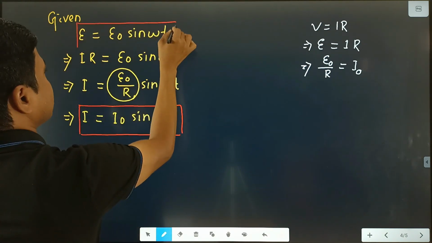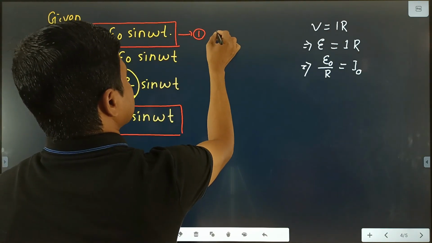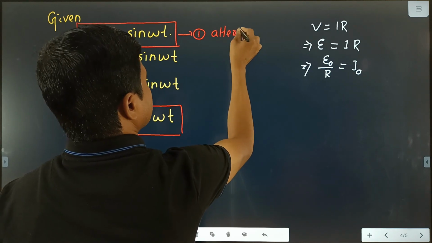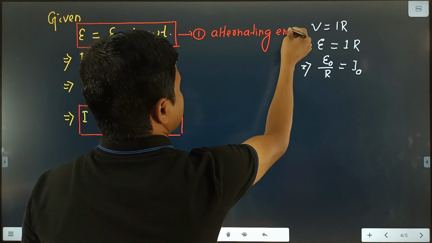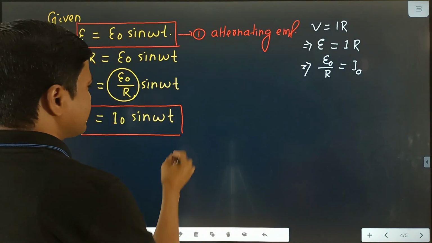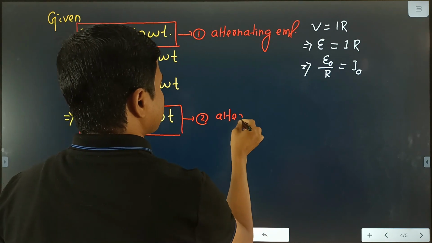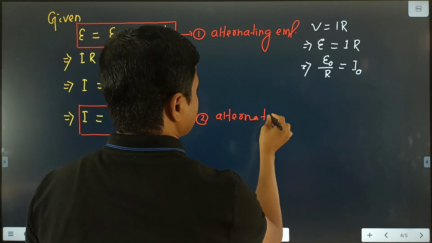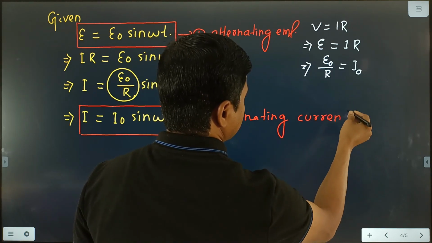Instantaneous value of alternating EMF is given. This is the alternating EMF that is applied to the circuit, and this is the expression for alternating current. Clear?